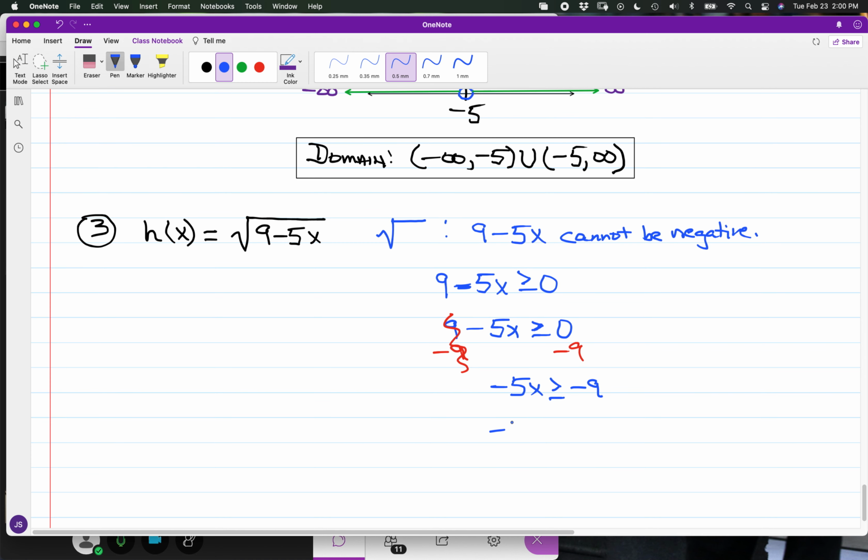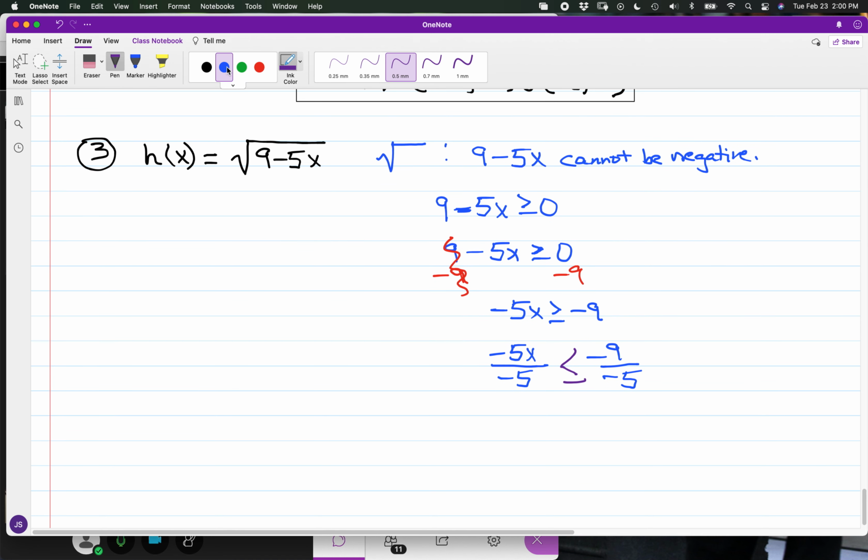Now, in getting it down to x, remember, if I multiply or divide by a negative, then the direction of the inequality is going to change. So here we go from greater than or equal to, to less than or equal to. And so x is less than or equal to 9/5, or 1.8.